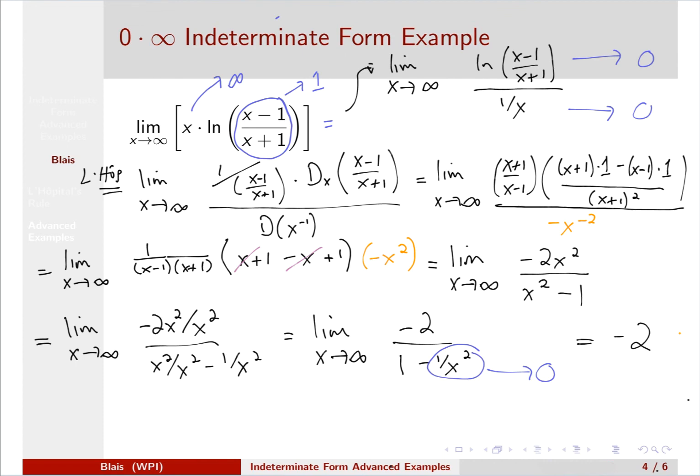And when we look at that, we want to think about this. Does it make sense that this limit is negative?